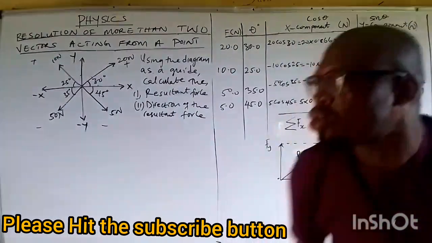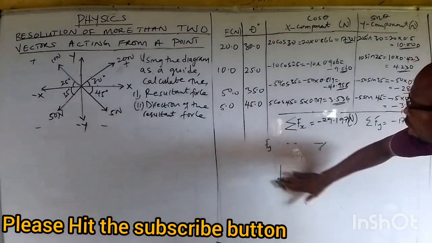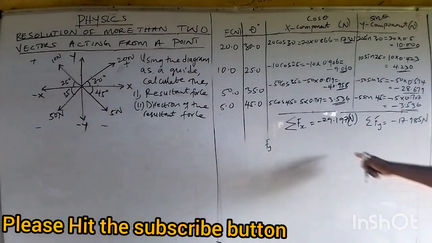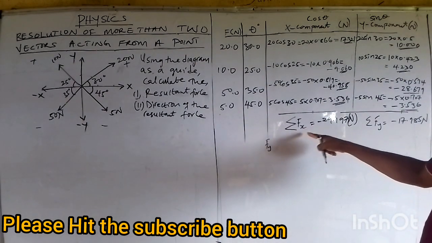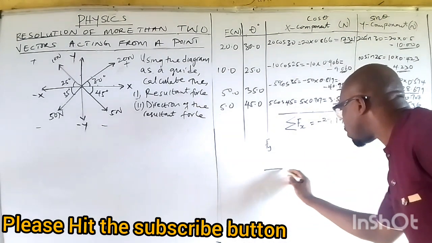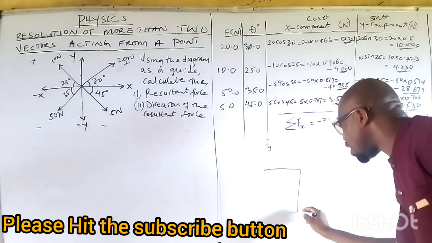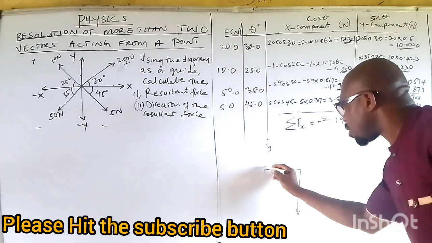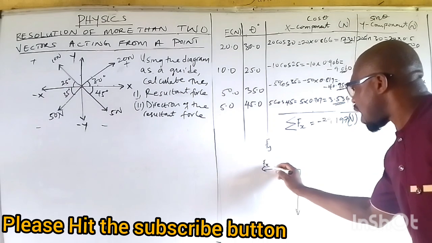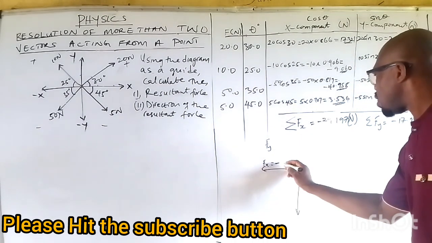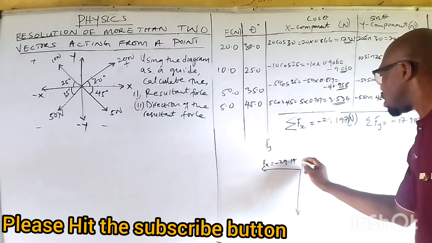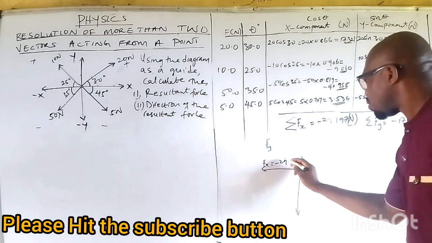Now, all we need to do is represent them pictorially. Remember, this Fx is negative, this one is negative. So here is our Fx, which is minus 29.197 Newton.